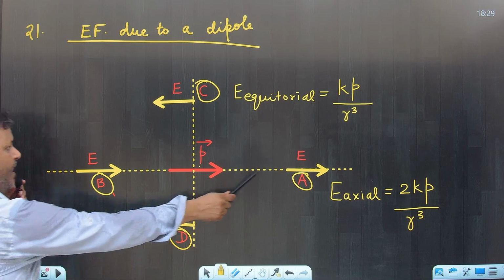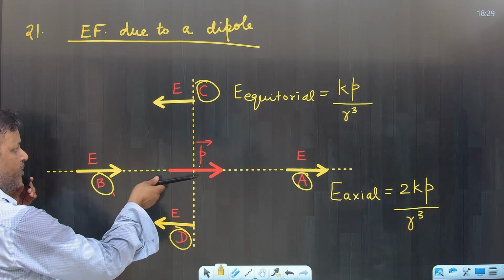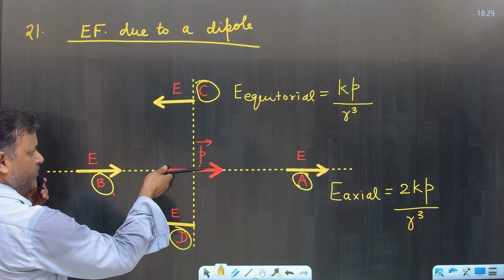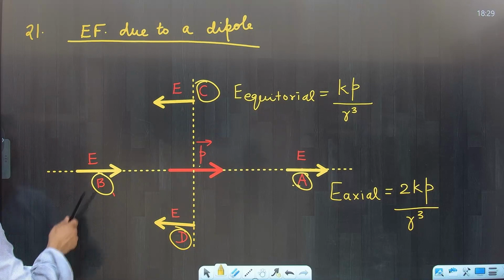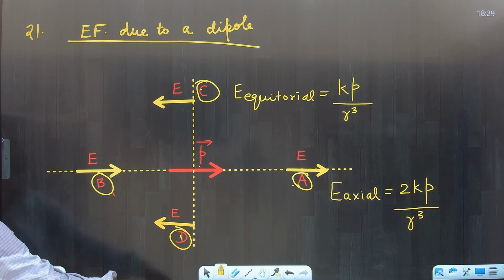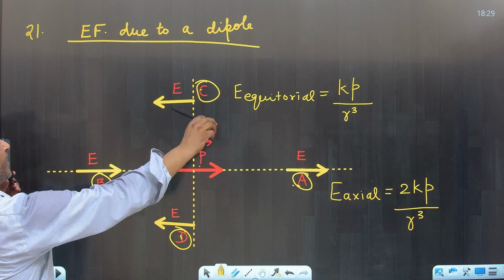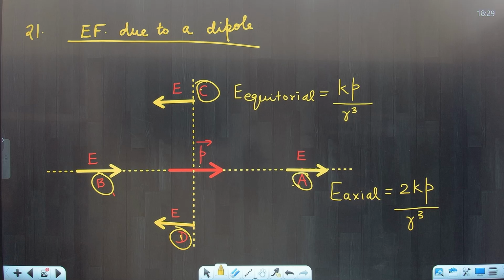Since point A and B are on the axial position, their electric field will be parallel to P. So electric field at A will be along the P. This is parallel to P. And since C and D points are at this equatorial position, they are anti-parallel to P. So electric field will be in this way and in this direction. So at point A and B, electric field will be parallel to P, and at point C and D, it will be anti-parallel to P.